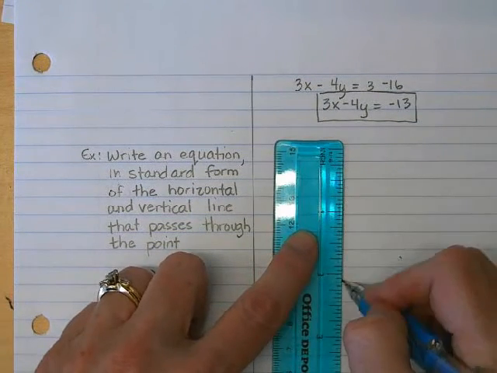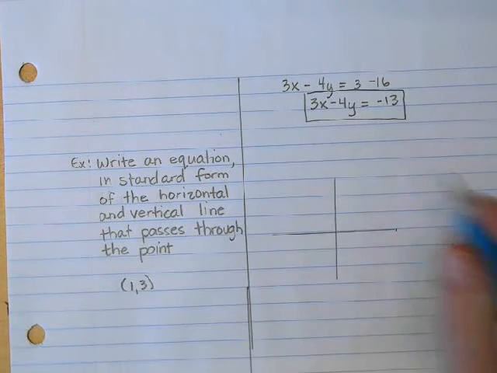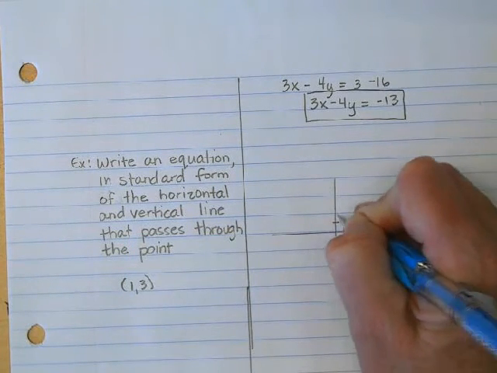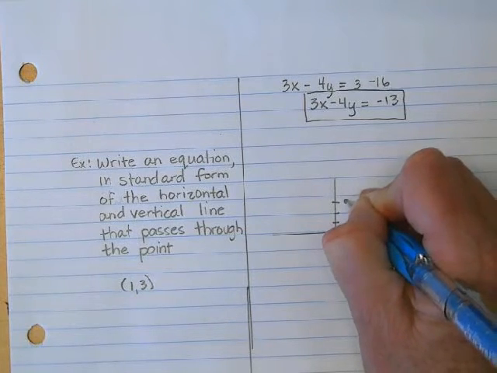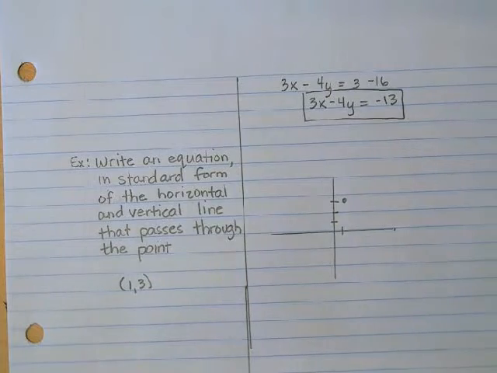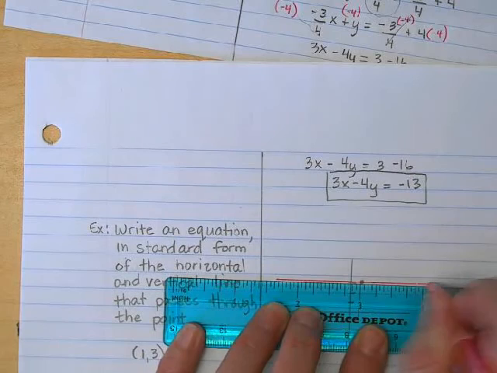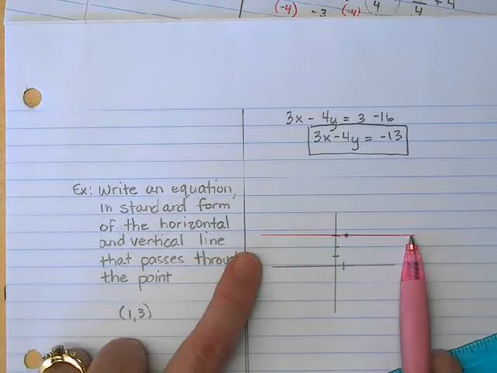So let's just make a little graph so we can see what's going on here. The point 1, 3 would be about right there. If I wanted a horizontal line, the horizontal line would go like that, right?